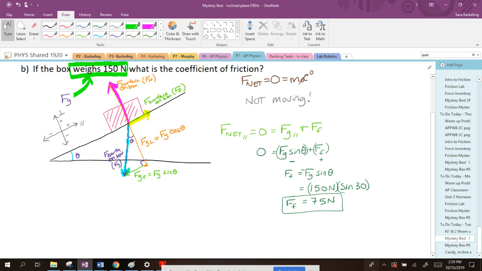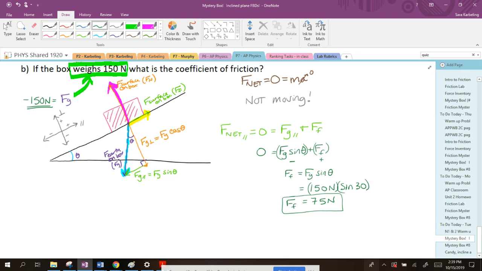I get it above, but if you were to move FG sine theta to the other side, then you'd be... Yes. The value of this is negative, and that's negative, so the negatives cancel out to make it positive. So this value is positive. When something's weighed, it's always given as a positive value, but really it should be negative. FG really equals negative 150 newtons. No, that was okay. I was not explicit about it, and I appreciate your asking that.